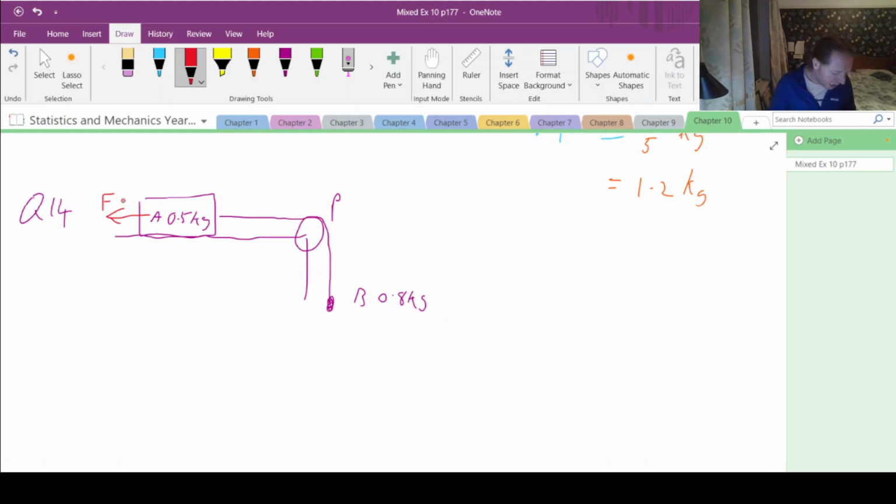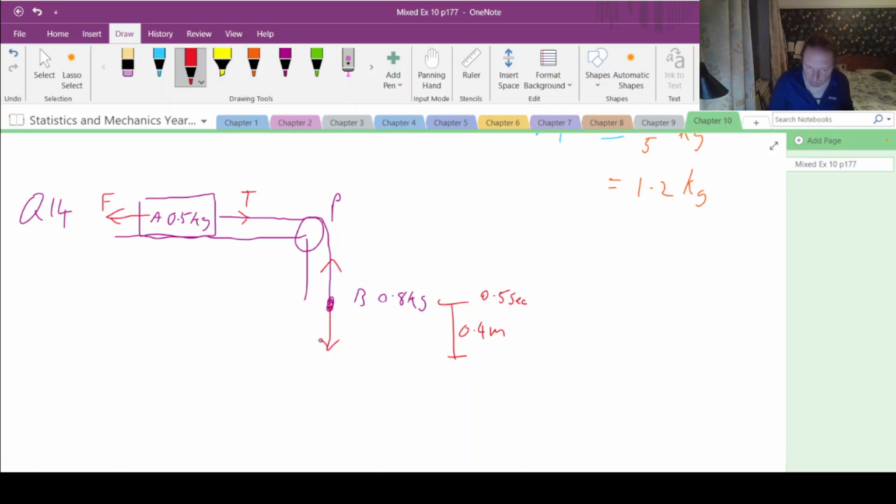After release, B descends a distance of 0.4 meters, and it does that in 0.5 seconds. So presumably we have tension working here, tension working here.